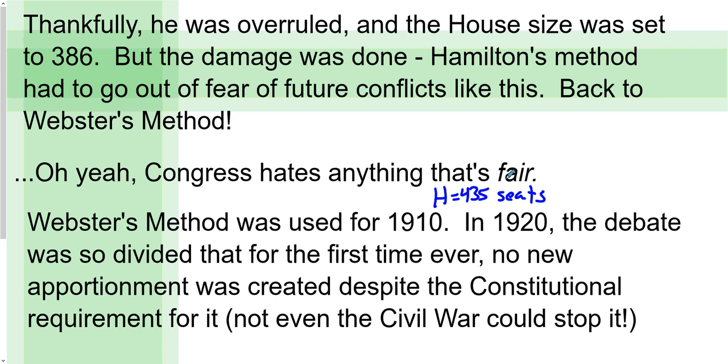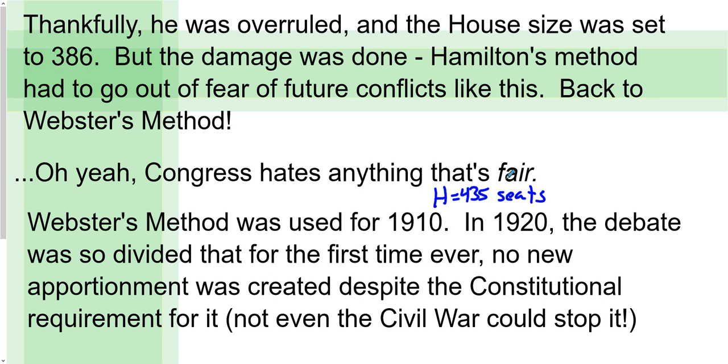The room in Congress was full. 435 seats plus extras for staff and territories, for non-voting representatives, they were out of room. And so there was a lot of back and forth as to whether they should cap the number, or they can't cap the number because that's just going to make the votes count less. And so it went back and forth.